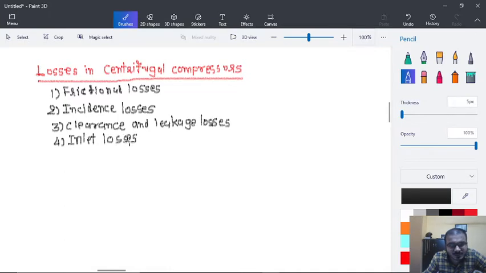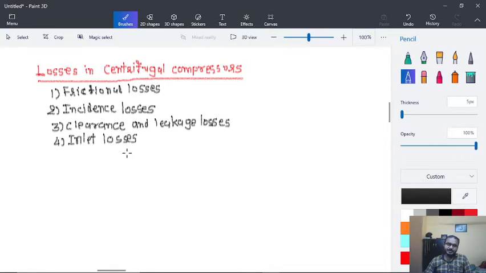So let us first begin with the frictional losses. This is the major loss occurring in the centrifugal compressor, and these are nothing but the fluid friction losses, that is, the fluid which is passing through the impeller vanes as well as the diffuser vanes, and in the volute part there is friction between the fluid and structure.